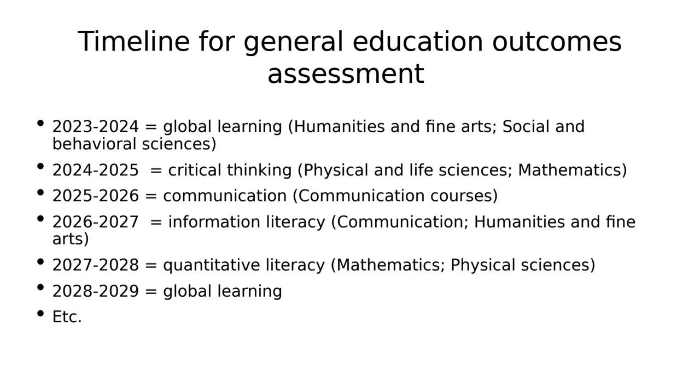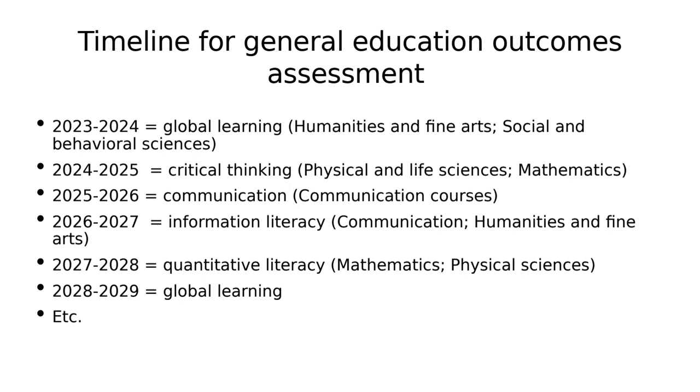For example, critical thinking will be assessed in the physical and life sciences and mathematics courses under general education. Communication will be assessed in communication courses. Global learning will be assessed in humanities and fine arts courses, as well as social and behavioral sciences, etc. Again, when a specific general education outcome is up to be assessed, the General Education Outcomes Assessment Subcommittee will be reaching out to faculty in those areas for the assessments.